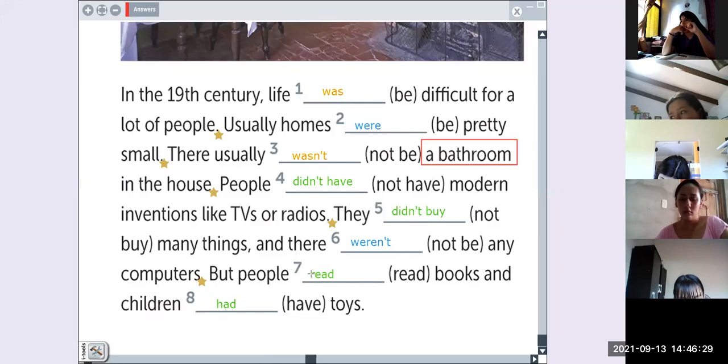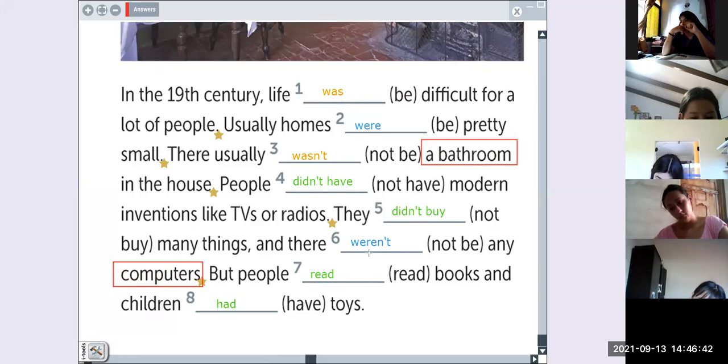When we talk about singular things, we use was or wasn't. And when we talk about plural things, for example, computers, we use were or weren't, okay? Okay, thank you. Any other questions? Okay, very good.